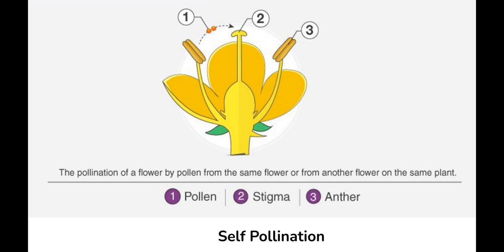Here we have a schematic presentation of self-pollination. The grains of pollen stick to the stigma of the same flower. We have the stigma, the upper part of the female organ, and the anther, and pollen goes from anther to stigma.